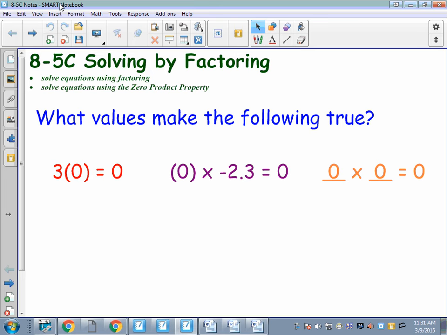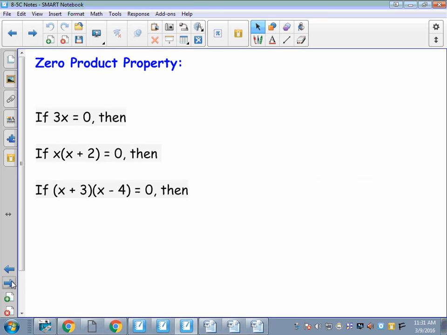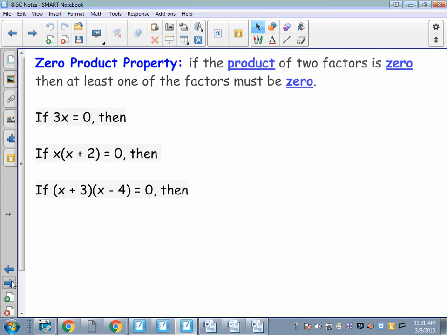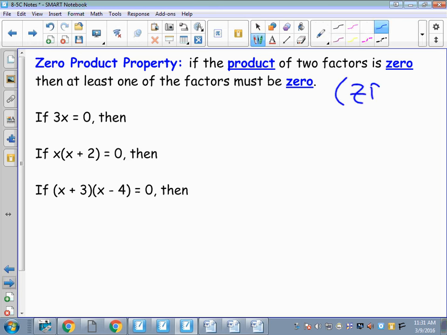The reason I point that out is the one rule that we're going to use today to use factoring to solve these things is called the zero product property. The zero product property, I like to refer to it as ZPP. It's just easier to say. If you actually break down those words, it makes sense. Property just means it's a rule.